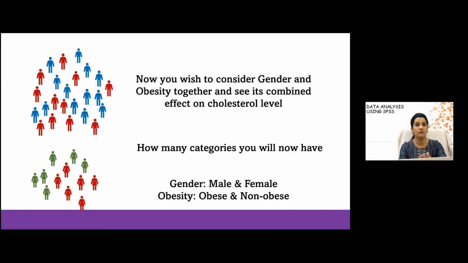One-way ANOVA we perform when there is one independent variable. Two-way ANOVA we perform when we have two independent variables and we want to see the effect. So that interaction thing comes here.